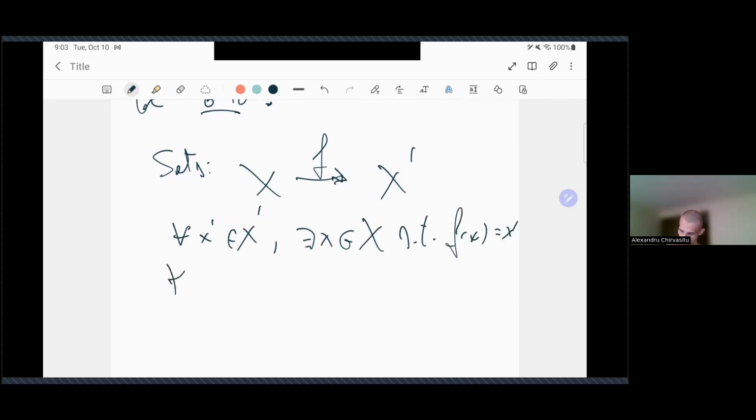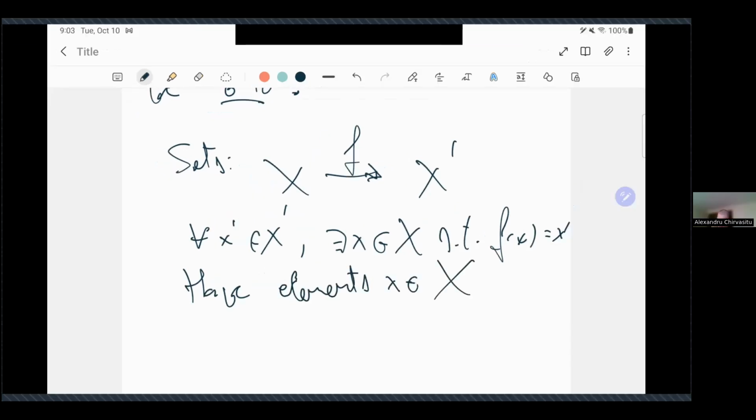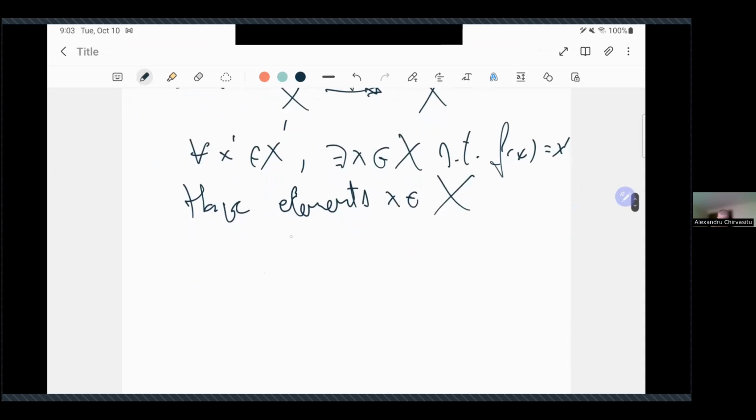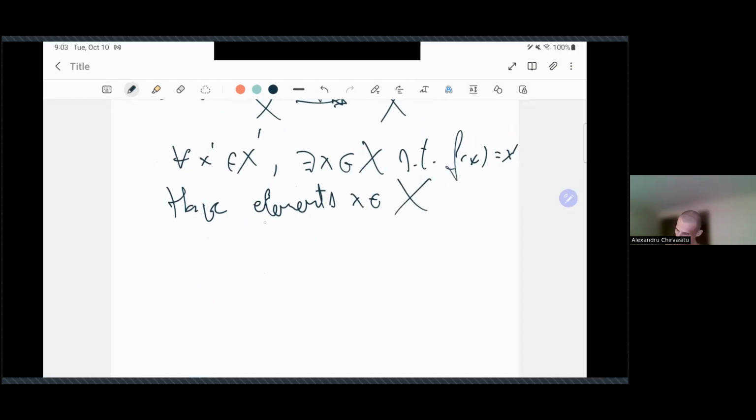So the whole point here, pun not intended, is that we have elements x in X, or points, if you like geometry, but presumably if you like non-commutative geometry, you like geometry too.